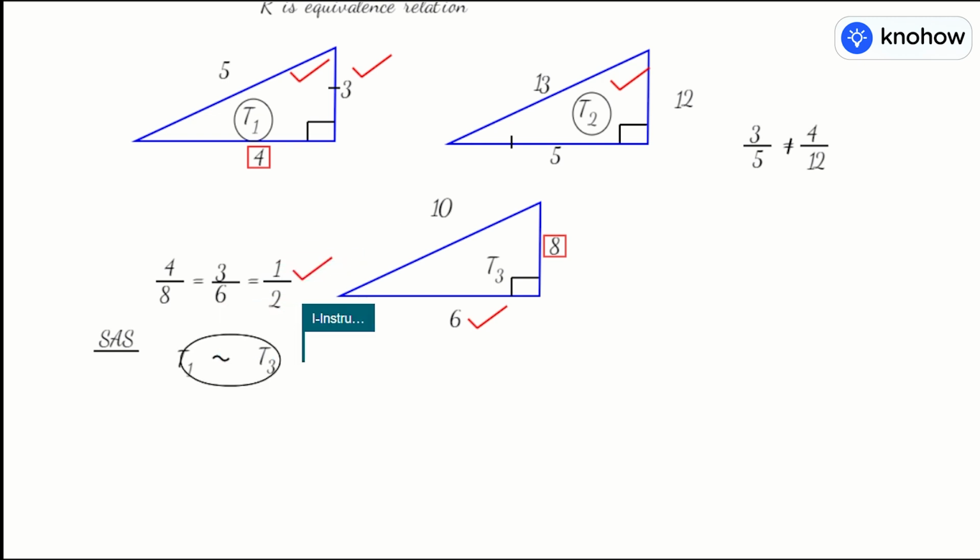That is right. Let us also check T2 and T3. Of course, they are right angled, but the ratio 5 by 6 is not equal to 12 by 8. So T2 and T3 are not similar. So only one pair is similar, that is T1 and T3.